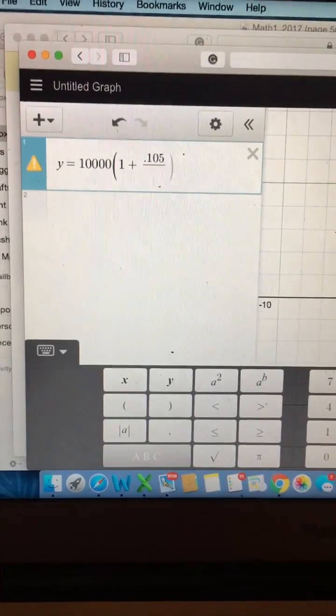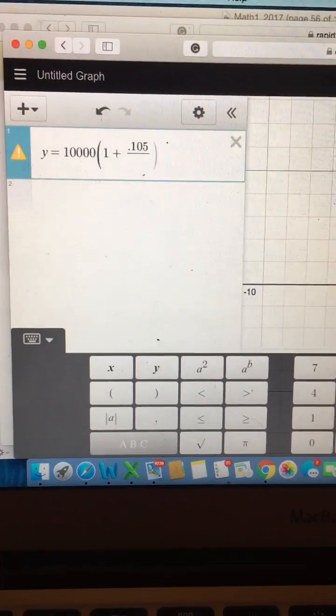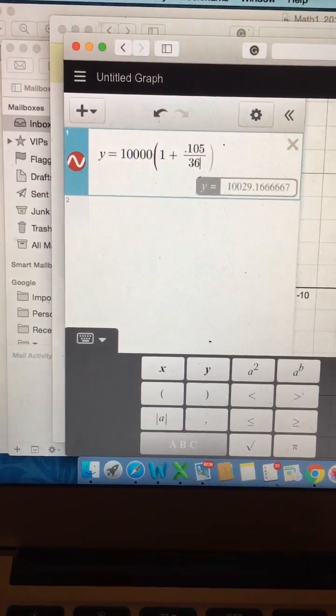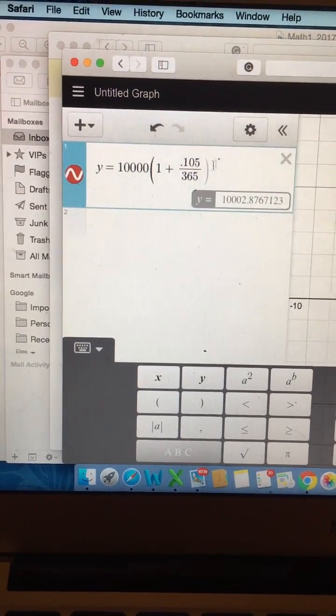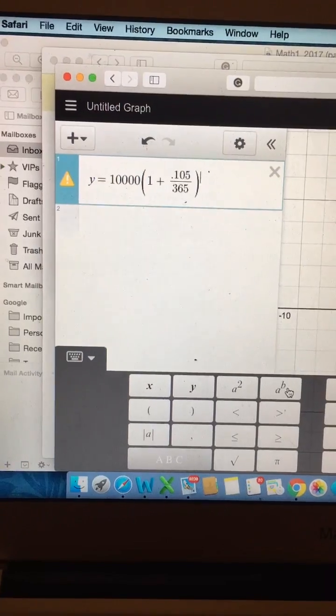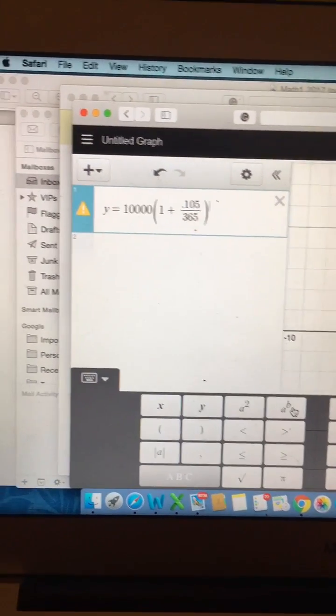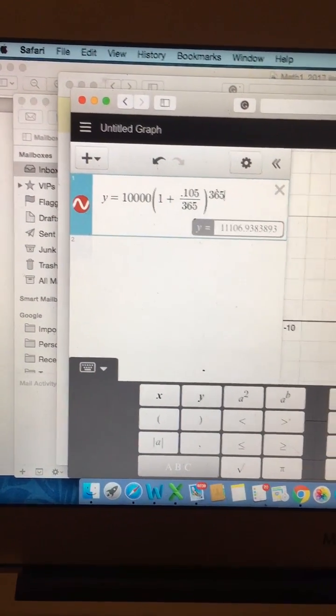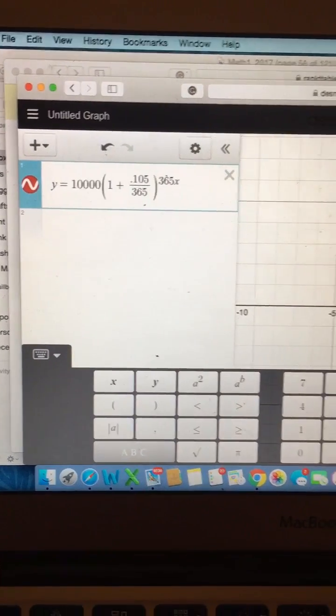So hold on 1 second. I just have to hit the division. So here we go. Plus 0.105 divided by 365. And then we're going to raise that to the 365. I'm going to give it an X on that.